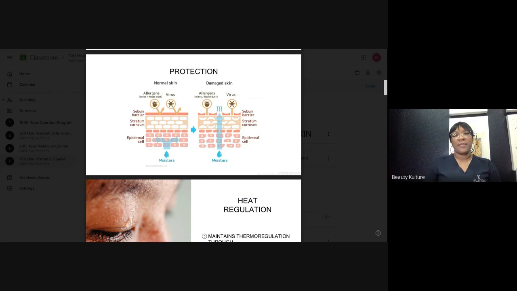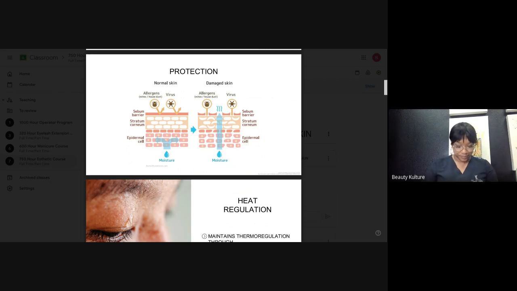Some of our melanocytes produce more melanin than others, and so some of us have naturally more protection than others. Basically, the more darker melanin that you have, the more protection you will have, and the longer it will take for you to either burn or tan. The less melanin that you have, the less protection you have, and the quicker you may burn or tan in the sun.